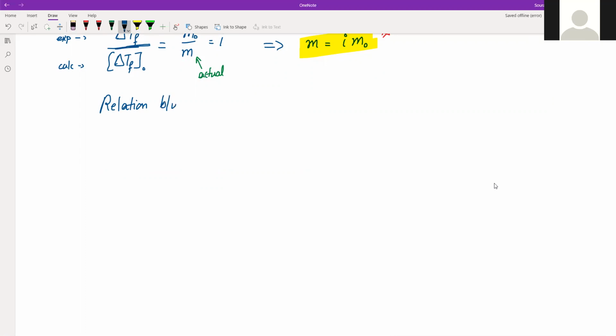So next is the relation between the van 't Hoff factor, that is i, and alpha. We should know what this i is and what this alpha is. i is the van 't Hoff factor, this is the new thing. And alpha is the degree of dissociation.